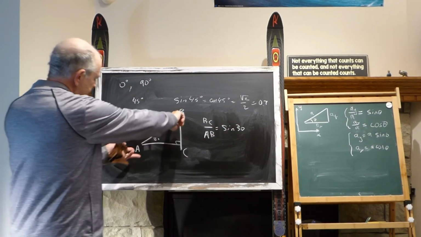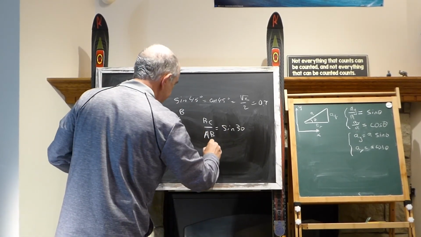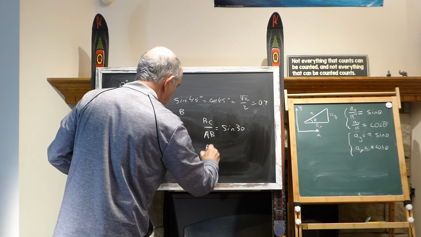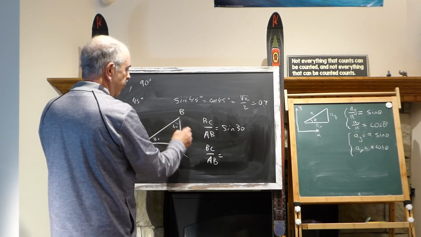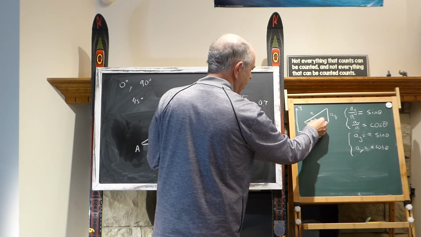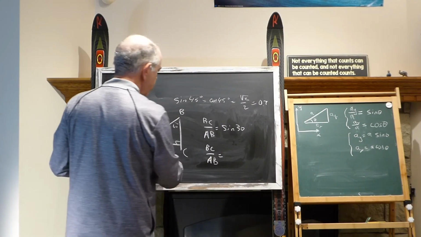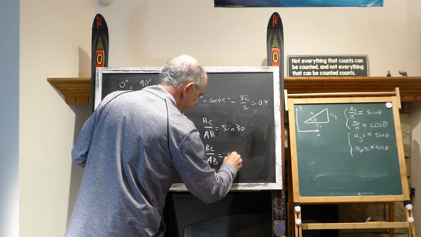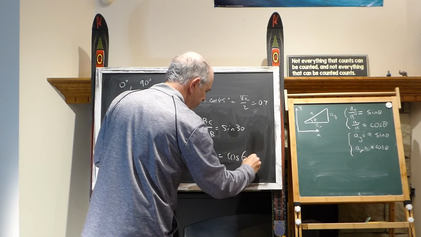But if I look at this angle, BC over AB, same thing, but adjacent side divided over hypotenuse, it is cosine. But the angle is 60.